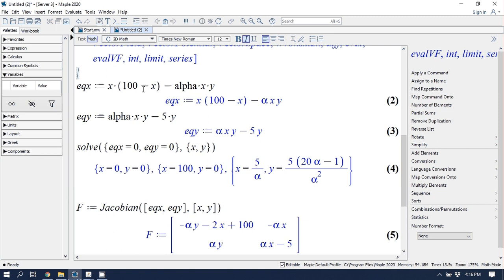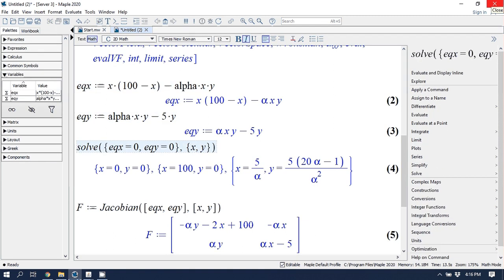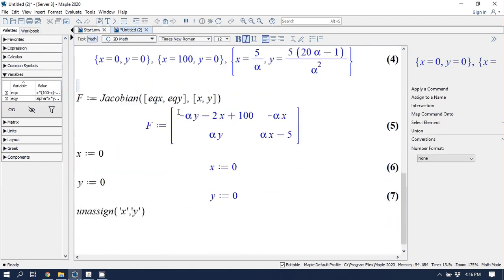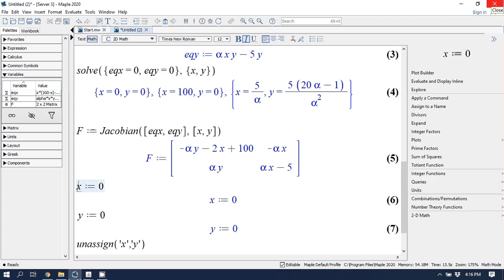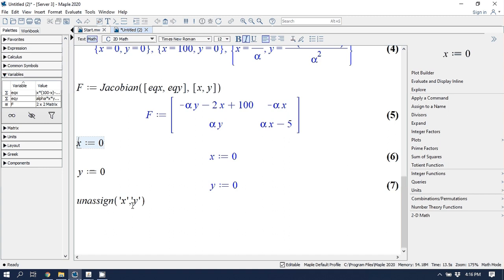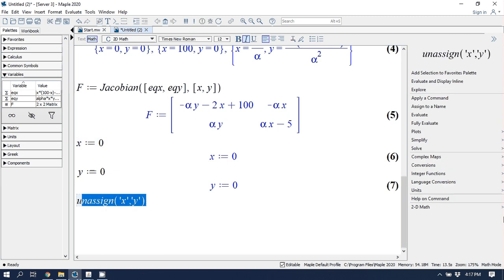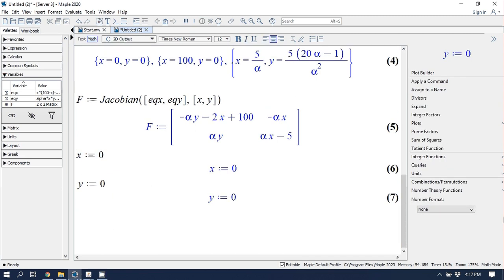Because everything is restored to the original state if you hit the restart command. So restart starts over everything, while unassign with variables specified clears each variable from its values. Okay, I'm going to get rid of this unassign thing. One variable can be cleared by unassigning or by assigning a different value, right?